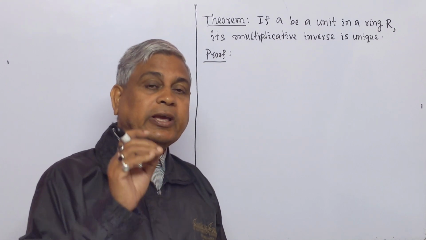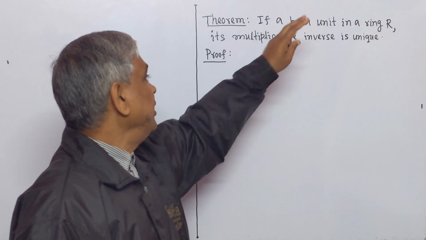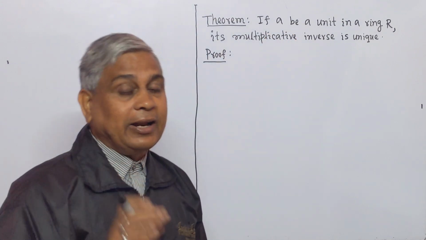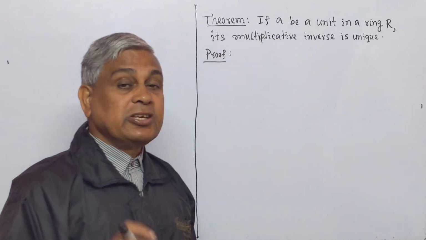Now we prove a theorem. If A be a unit in a ring R, then its multiplicative inverse is unique.